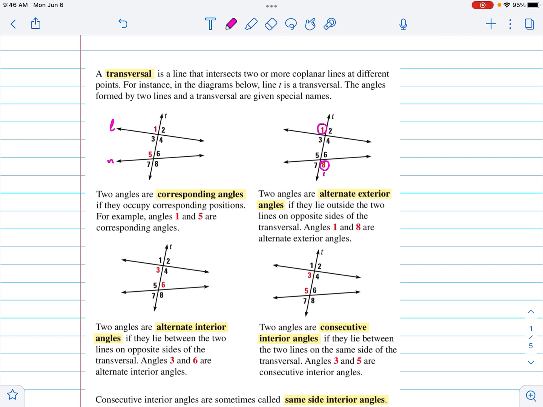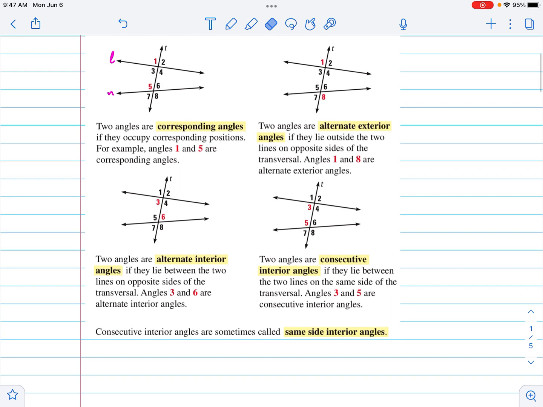You notice also 2 and 7. Those are alternate exterior angles. That makes pretty good sense. Now, let's look at alternate interior angles. Same thing, only now we're inside. So we have 3 and 6, 4 and 5. Those are alternate interior angles.